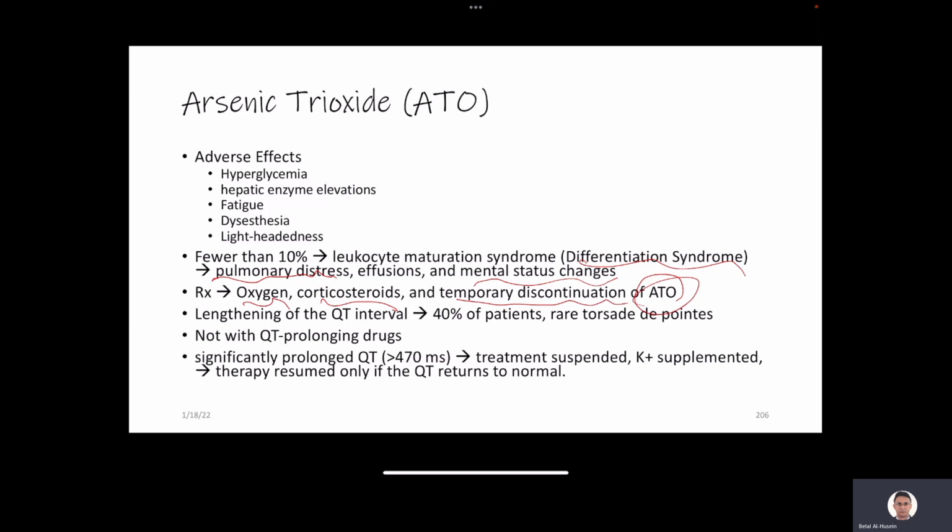It could happen without co-administration of QT-prolonging drugs. Like, if you remember, some drugs, especially some class 3 antiarrhythmic agents, could increase QT prolongation, or enzyme inhibitors like macrolides or imidazoles, or triazoles, like antifungal agents.